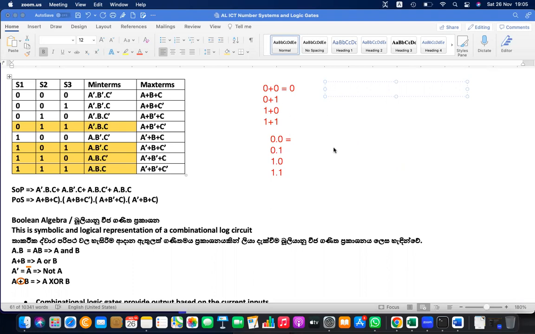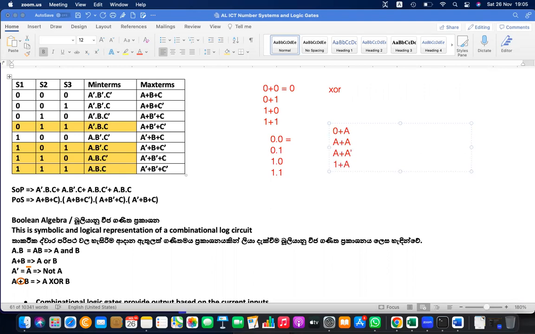For XOR also, do the same. And also try to find 0 OR A, then A OR A, A OR not A.